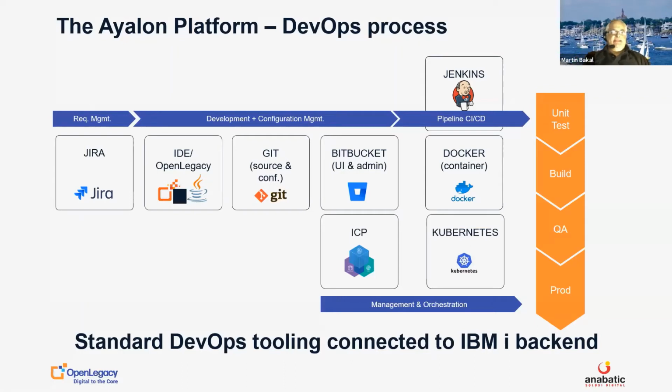So what they had to do was just use OpenLegacy, which connects directly to the IBM i system, and now they have microservices they can deploy directly into, in their case, IBM's cloud. You could choose any cloud you like, and directly into Kubernetes. So the whole idea here is to take a normal process for DevOps and just be able to use IBM i right inside of it as part of that.